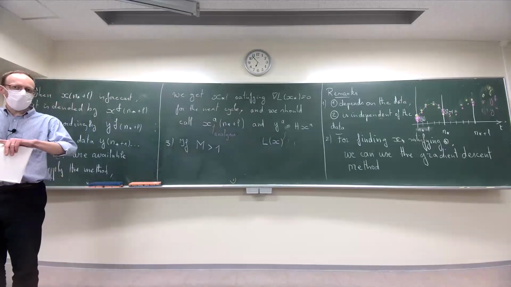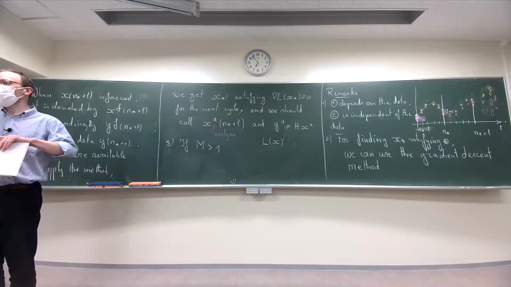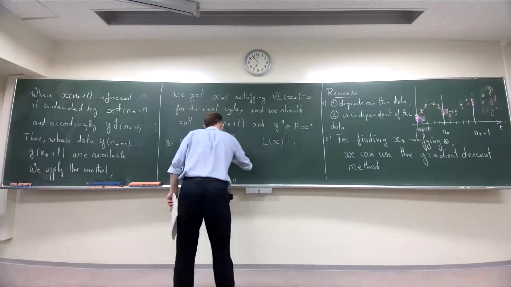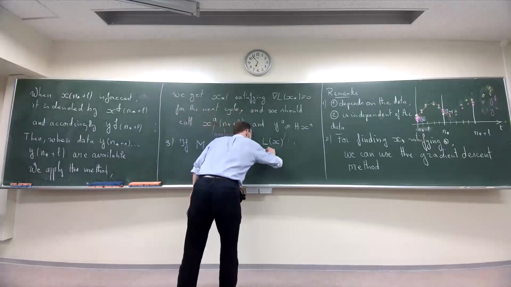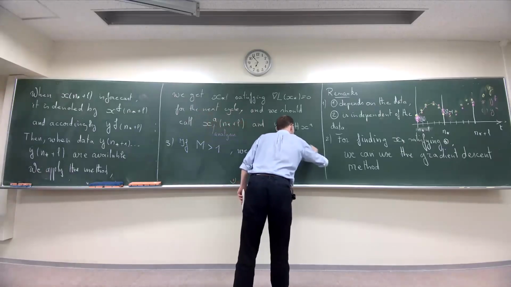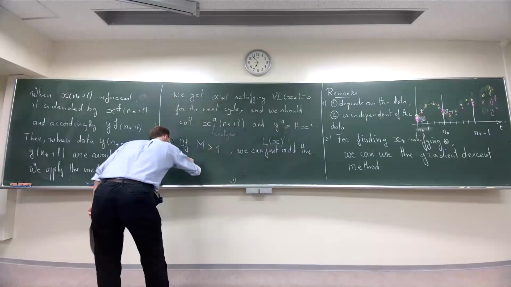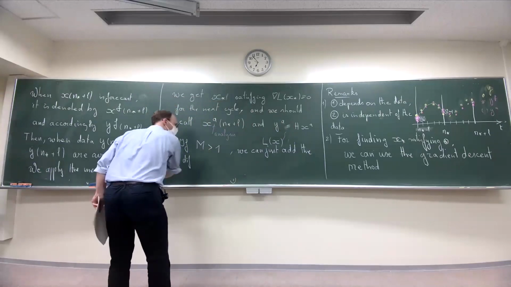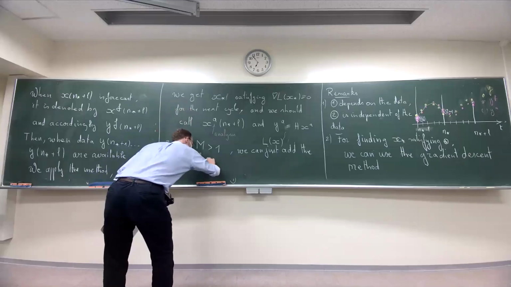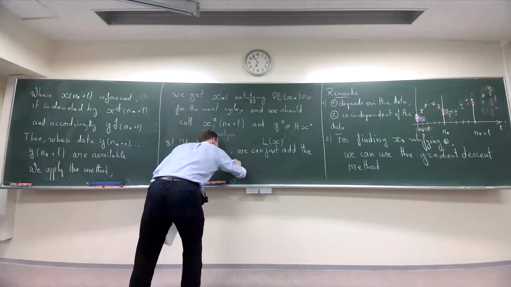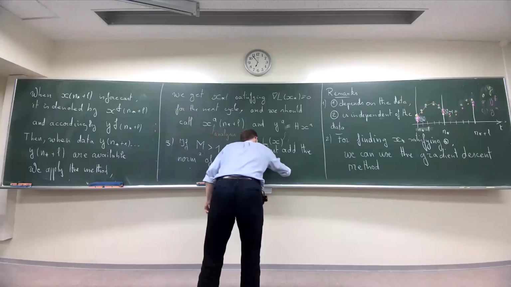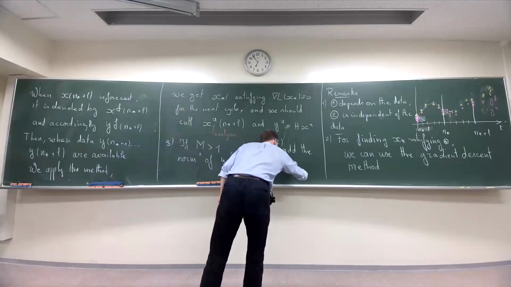And if you have a vector, the norm of the vector squared is again a sum of the squares of each component. So if M is bigger than 1, we can just add the different components squared, or add the norm squared of Y at n star minus L plus i minus Y at n star.